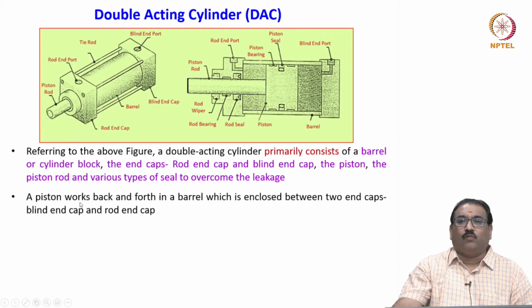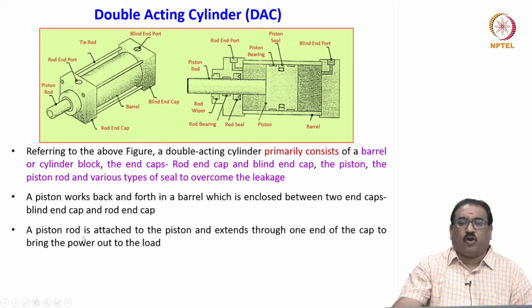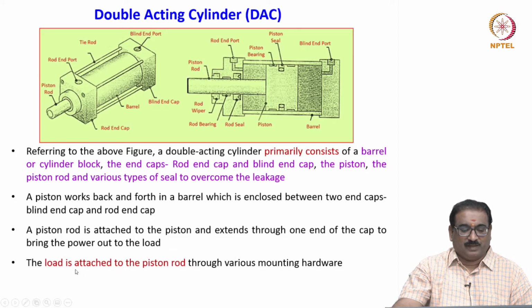A piston works back and forth in a barrel which is enclosed between the two end caps, the blind end cap and a rod end cap. A piston rod is attached to the piston and extends through one end cap to bring the power out to the load. The load is attached to the piston rod through various mounting hardware.